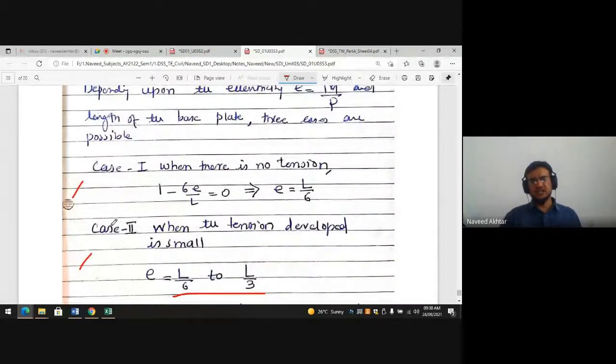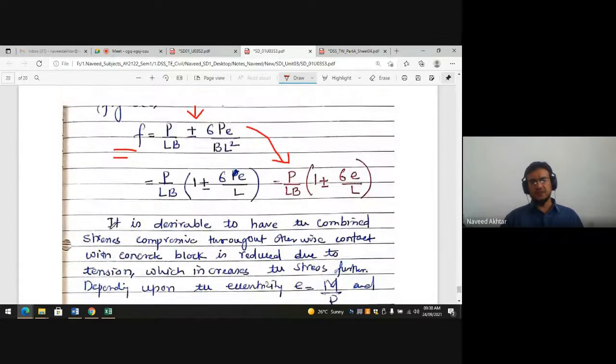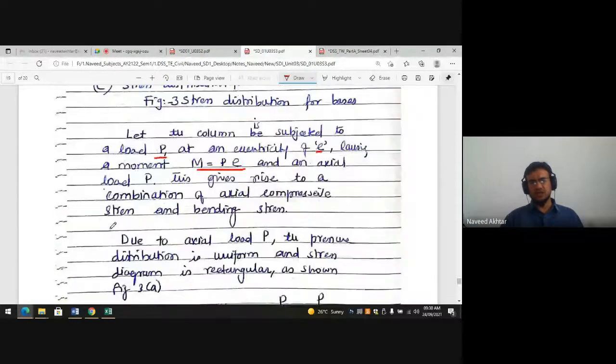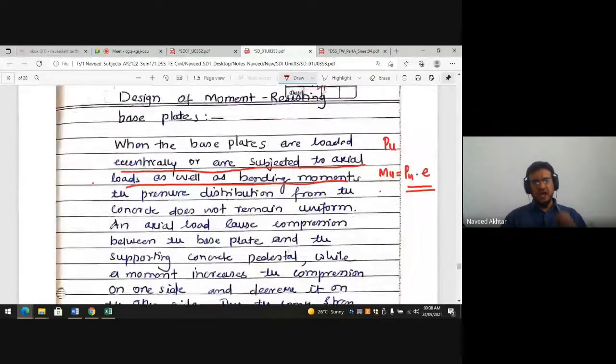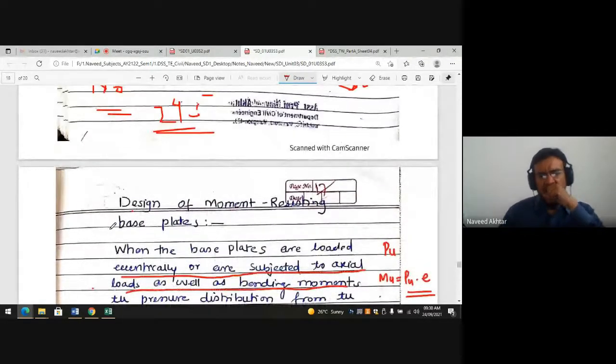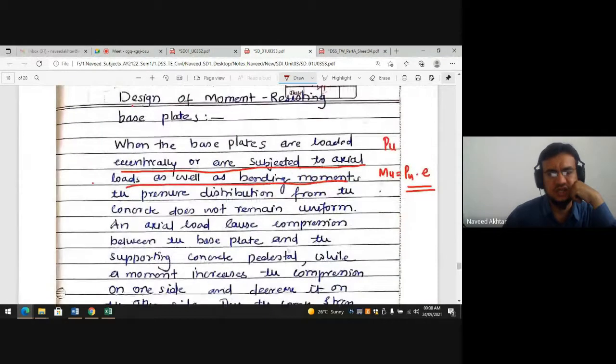For these three cases, we will design the column when there is axial load with bending moment. So this is nothing but design of the moment resisting base.